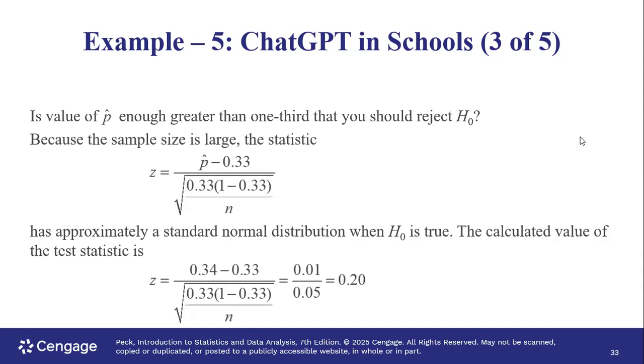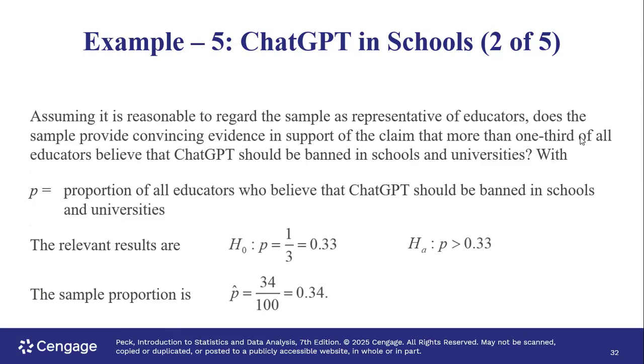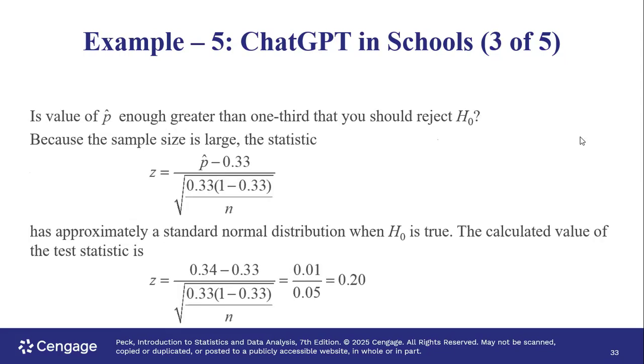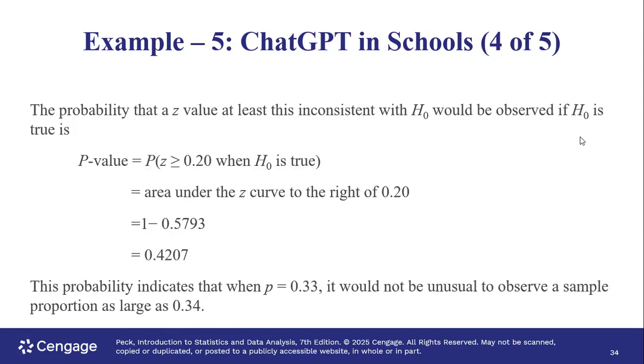Therefore, it is quite possible that the population proportion could be 0.33. Therefore, we are not going to reject the null hypothesis, which is p equal to 0.33. We are not going to reject it, and therefore we can state that we do not support the alternate hypothesis.